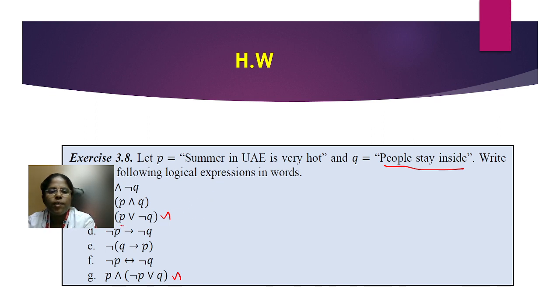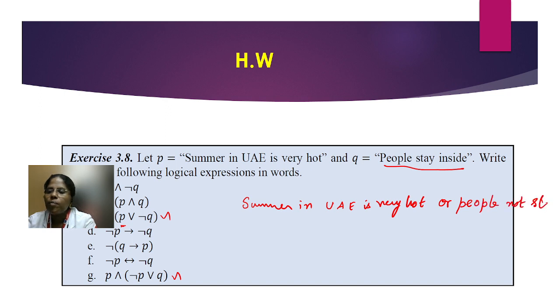Here P represents summer in UAE is very hot. So summer in UAE is very hot, or people not stay inside.